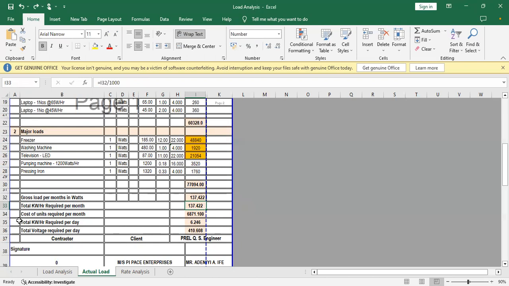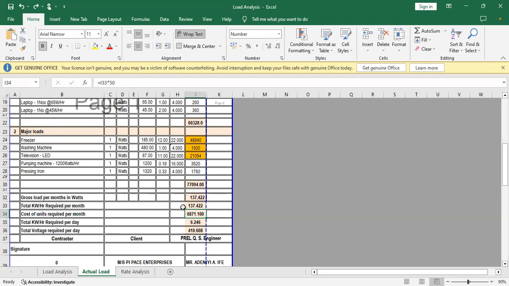Now, let's say you want to get the cost indication of it. As you know, we have about 3 forms of band in Nigeria: band A, band B, band C. Let's say band C, which is currently charged as 50 naira per unit.